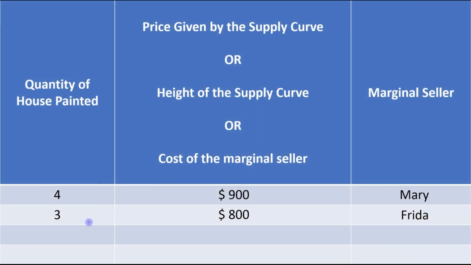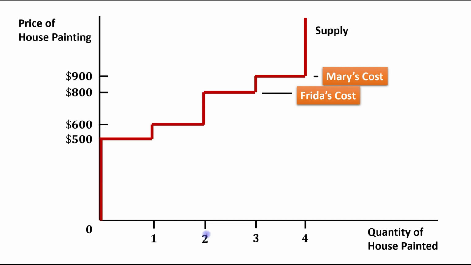Next, when the quantity of house painted is 2, the height of the supply curve is $600.